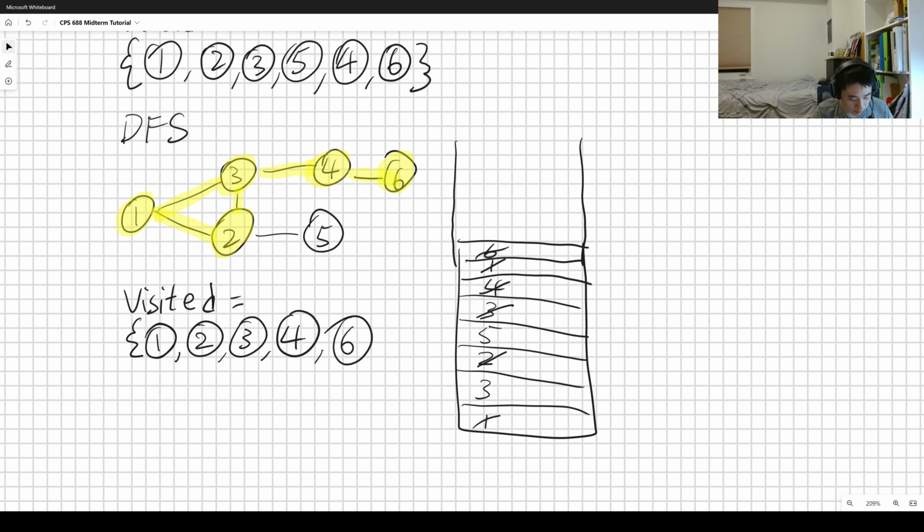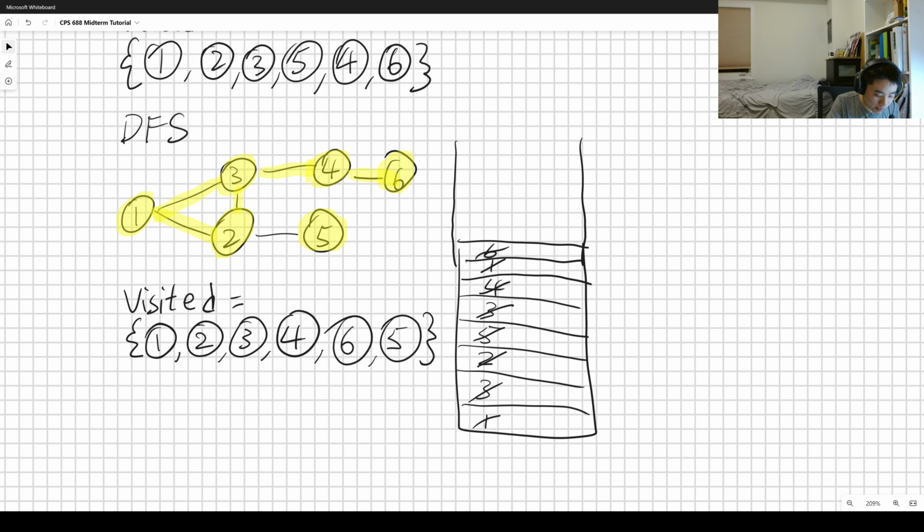So now that 6 doesn't have any other nodes to add, we're going to keep going down the stack, and we're going to pick 5 next. So 5 comes last. And finally, we process the other nodes. We empty out the stack. 3 comes after, but 3 is already visited, so we don't do anything.